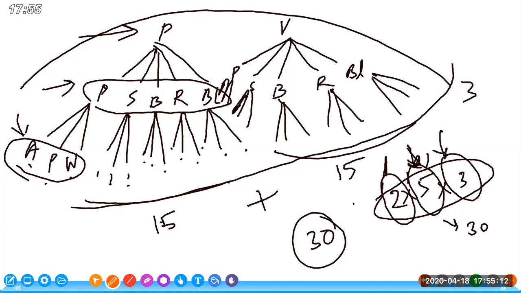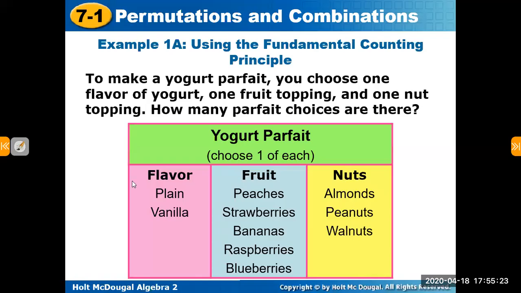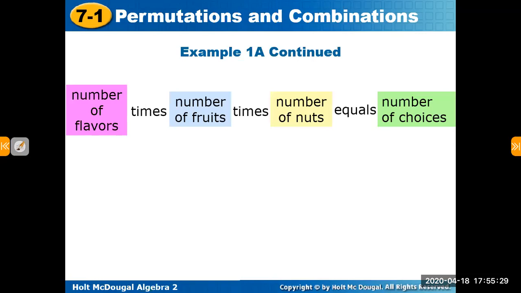I had 3 ways of choosing nuts because I had 3 options for nuts. So if I just multiply the options, I will get the total number of combinations. So number of flavors times number of fruits times number of nuts equals the number of choices, which is 30.